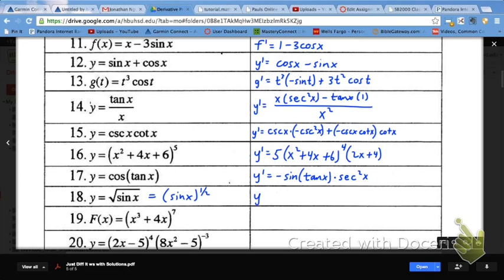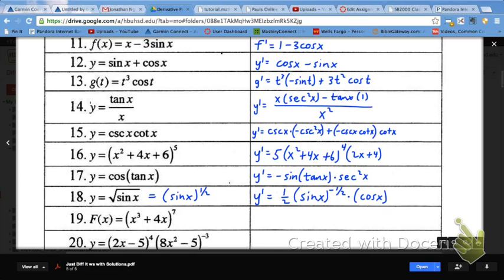Okay, and so number 18, we see that y prime is equal to 1/2. We get to use the power rule now: 1/2 times what's inside, which is the sine of x, to the 1/2 minus 1, which is negative 1/2, and then we multiply that by the derivative of the sine of x, which is the cosine of x. So again, derivative of the outside multiplied by the derivative of the inside.